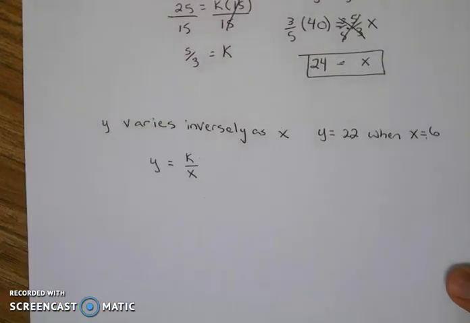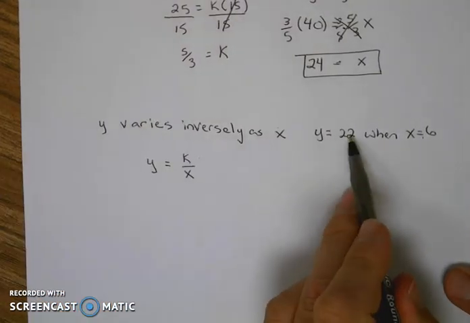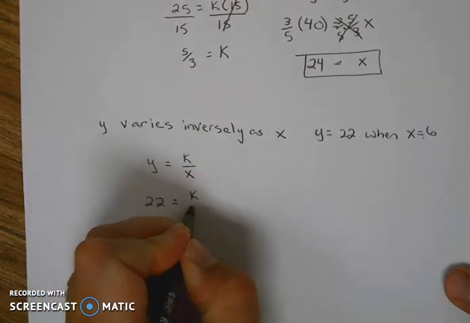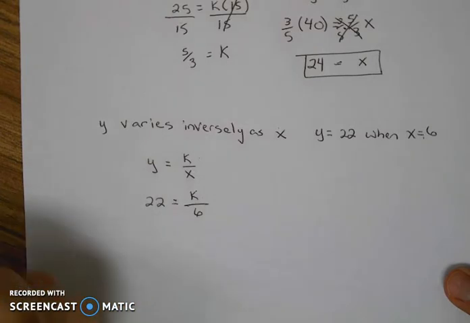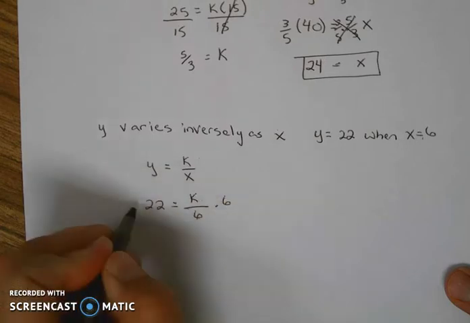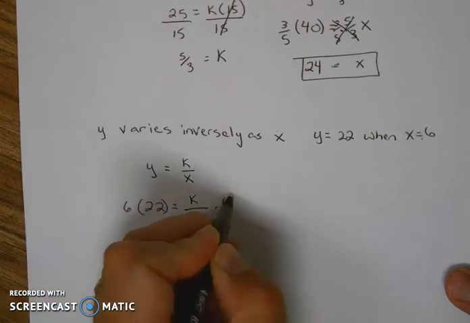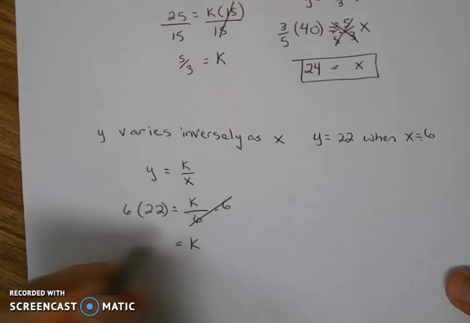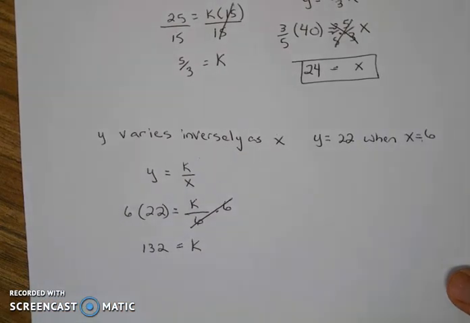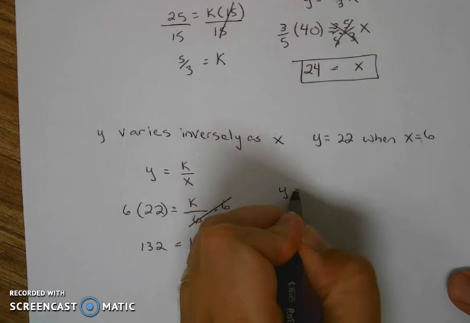In the problem, it tells us y equals 22 when x equals 6. So we want to solve for k here, so we undo division with multiplication. So k is going to be 132. So here's the equation we're going to use to solve the problem.